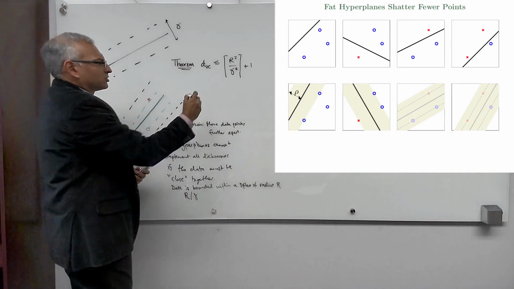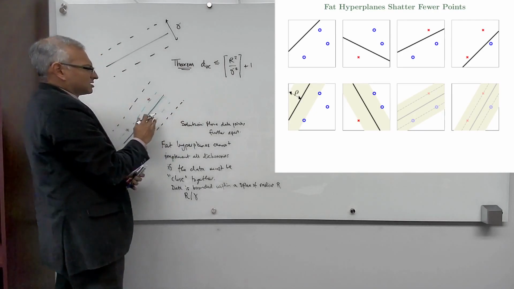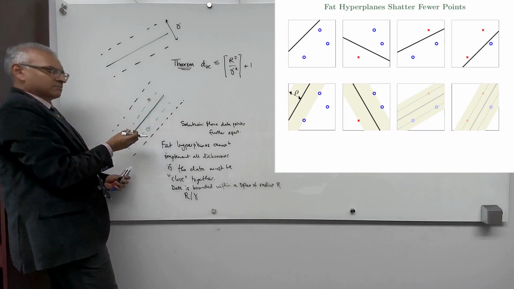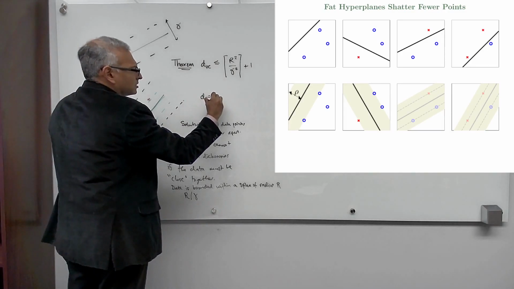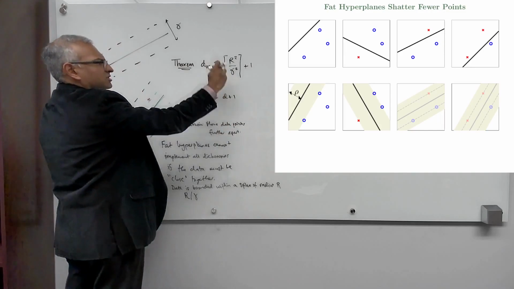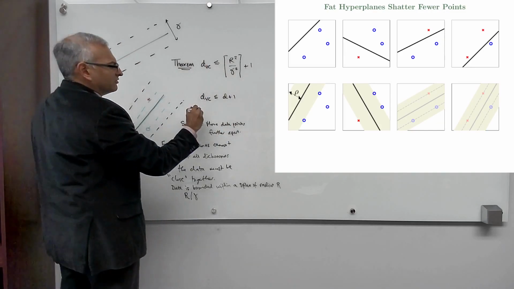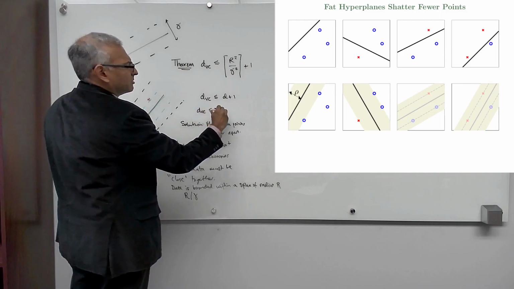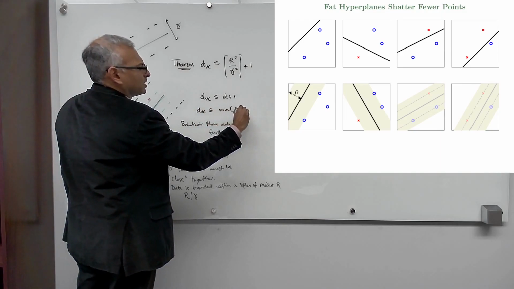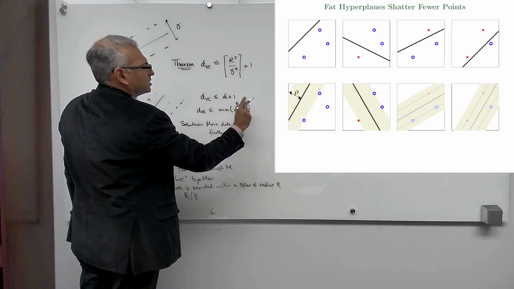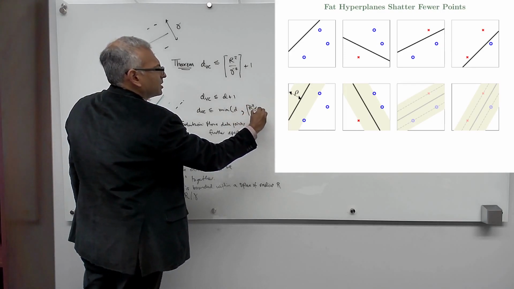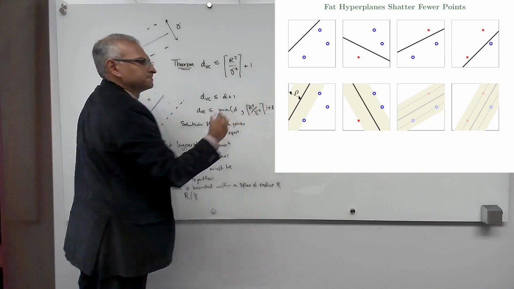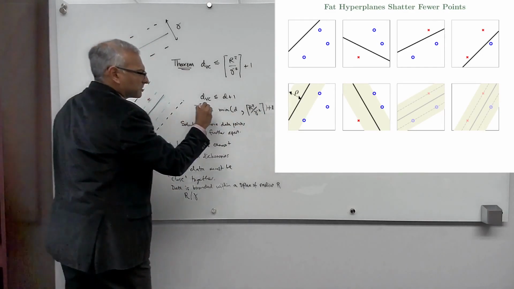Now, of course, we also know that the VC dimension for hyperplanes, even if they have zero thickness, is at most D plus 1. So you can certainly take the minimum of these. So the VC dimension is at most the min of D and R squared over gamma squared, plus 1. So this is the theorem.